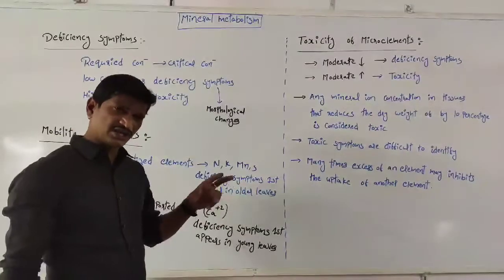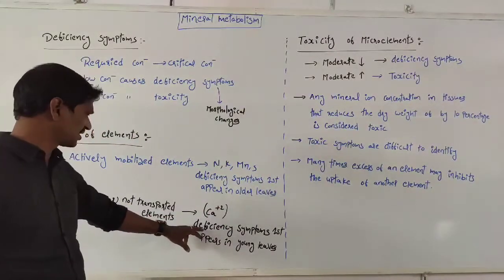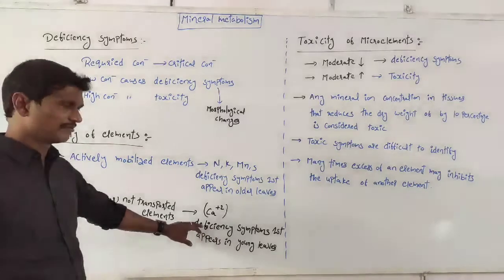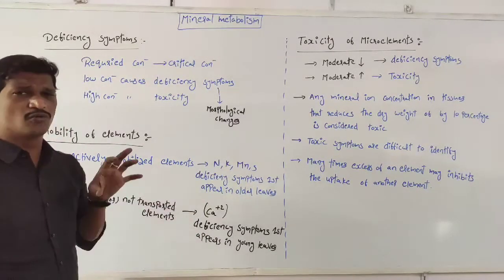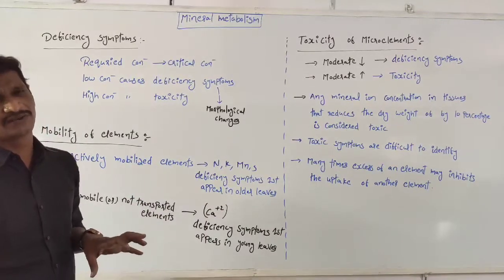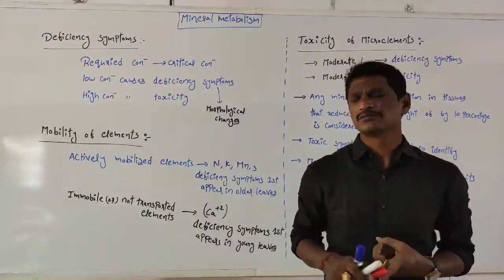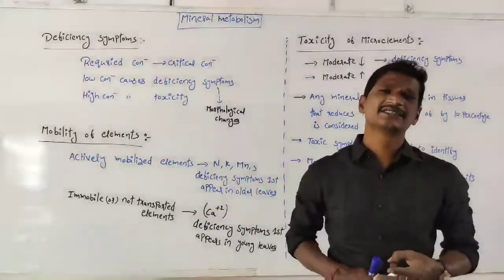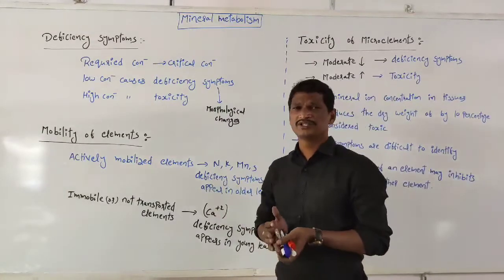There is a contrast in the NCERT. Sulfur is given there as immobilized, but the exact answer is that sulfur is also a mobilized element. So nitrogen, potassium, manganese, sulfur are the actively mobilized elements.